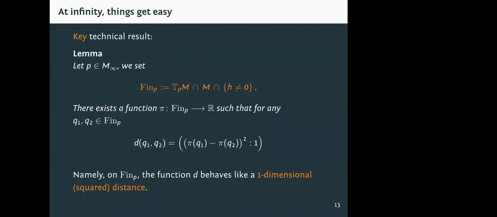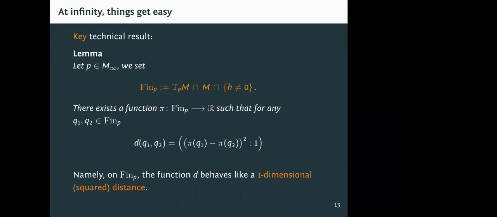Then whenever we restrict our extended distance function to any of these sets, like fin P, our distance function behaves like a square distance on a line, on a one-dimensional linear set.